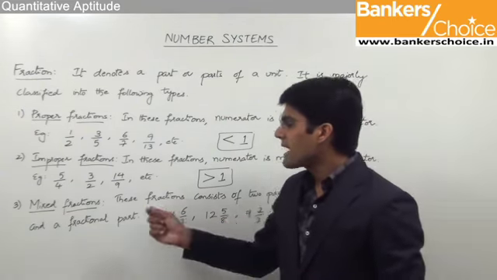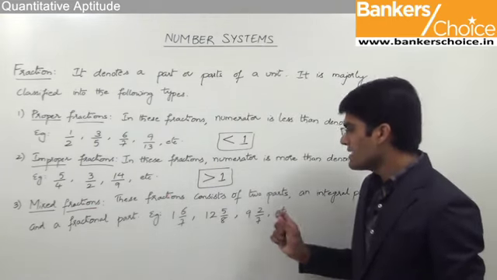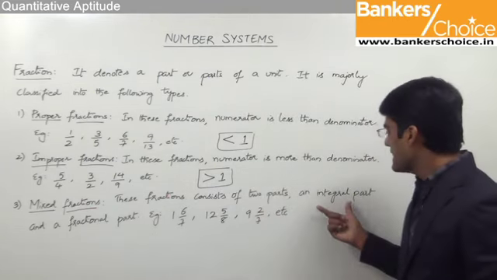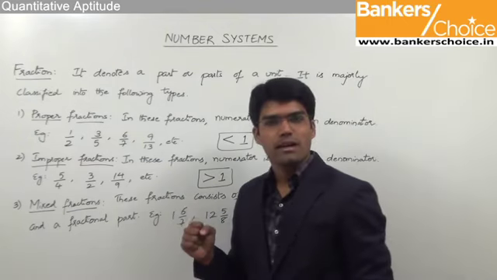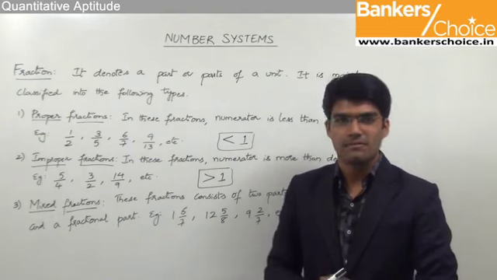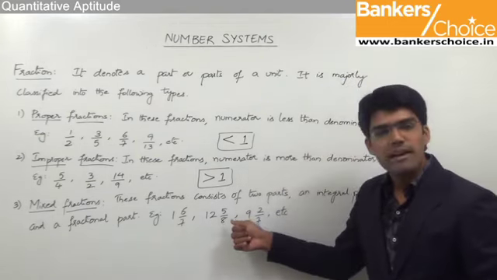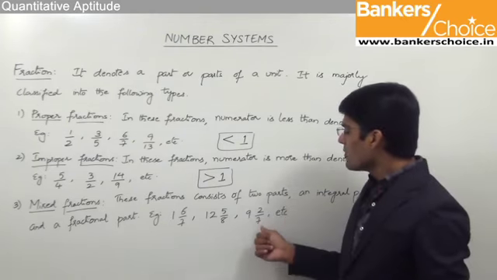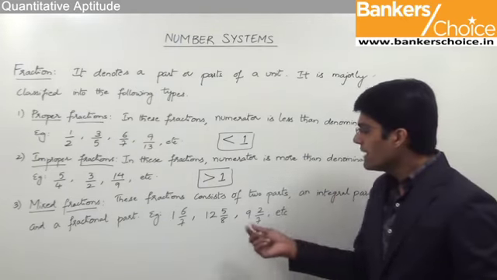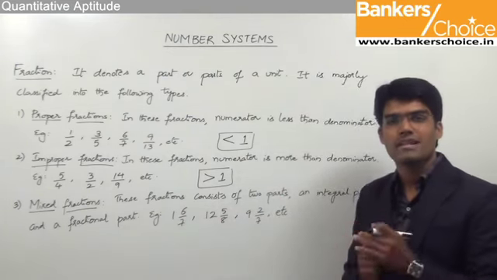The third and the last fraction here we have is mixed fractions. Now mixed fractions are those fractions which consist of two parts, an integral part and a fractional part. So a mixed fraction is a combination of an integer as well as a fraction. Some examples here are 1 6 by 7, 12 5 by 8, 9 2 by 7, etc. So as you can see here, each of these fractions have got two parts, an integer part and a fraction part.